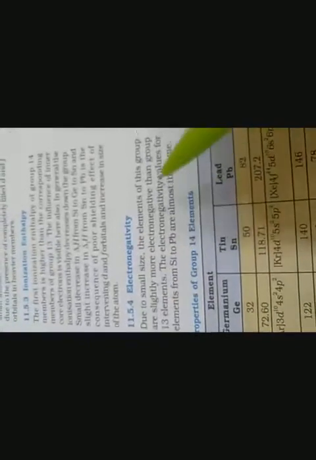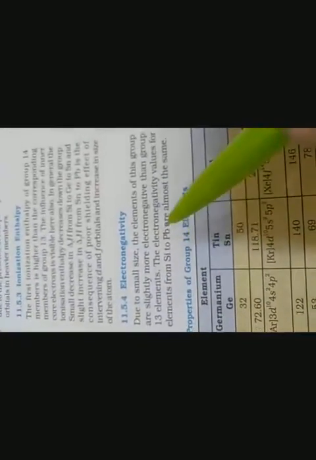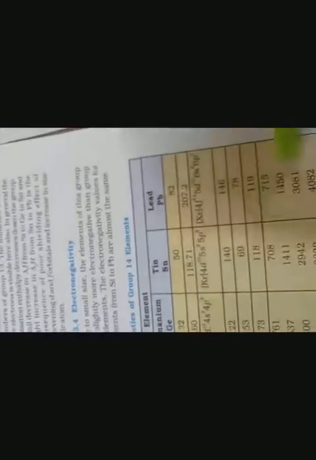I am not teaching you +5, +6 and +7, but -1, -2, +3 and -3 you are knowing. So electronegativity in a period is going to increase. Like that, due to small size, the elements of this group are slightly more electronegative than group 13 elements. The electronegativity values for the elements are almost the same.